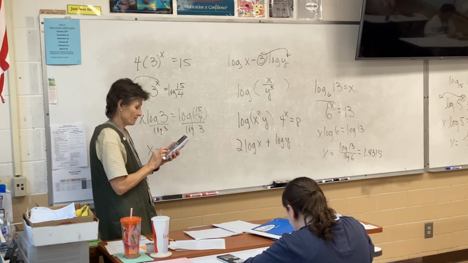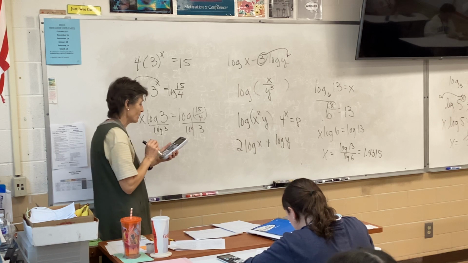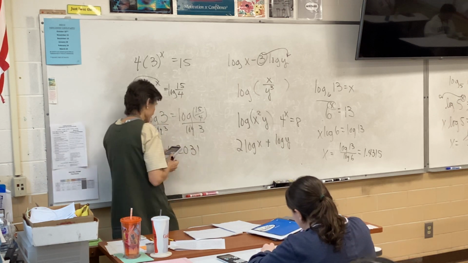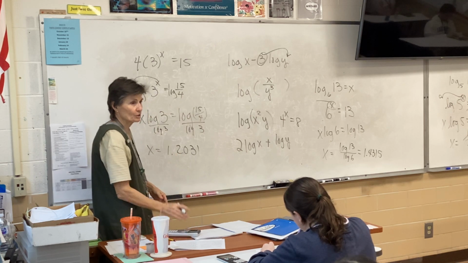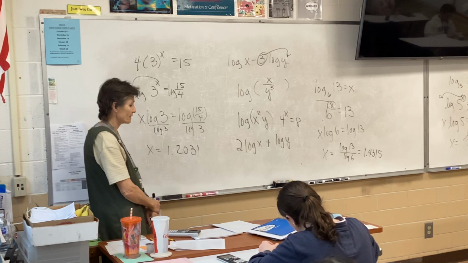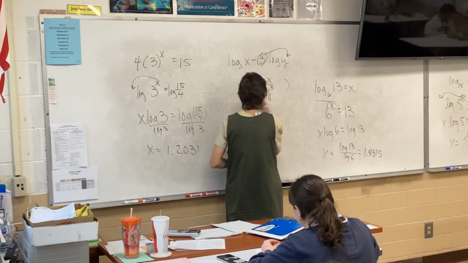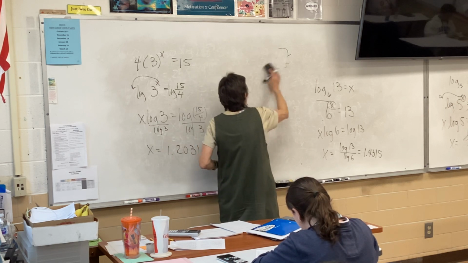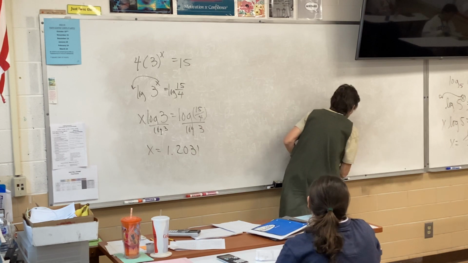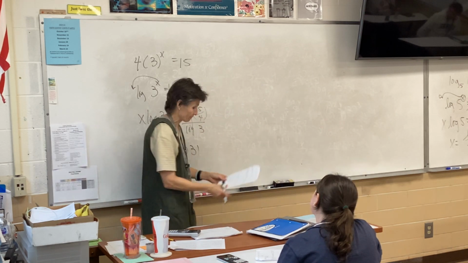So log 15 divided by 4, close parentheses, divided by log 3. What'd you get? Somebody tell me. 1.2031. Yep, that's exactly right. Good job. I hope you're all typing in with me. It's not hard typing, but remember, on the test, you miss 1/4 of the problem if you don't get it typed in correctly. So make sure you're practicing with your calculator.